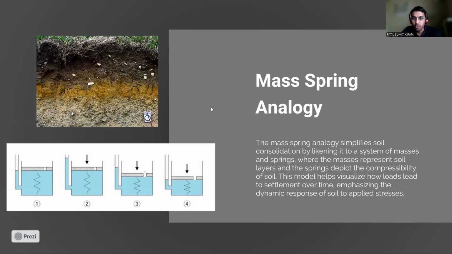The mass spring analogy simplifies soil consolidation by likening it to a system of masses and springs, where the masses represent soil layers and the springs depict the compressibility of the soil. The model helps visualize how loads lead to settlement over time, emphasizing the dynamic response of soil to applied stresses.